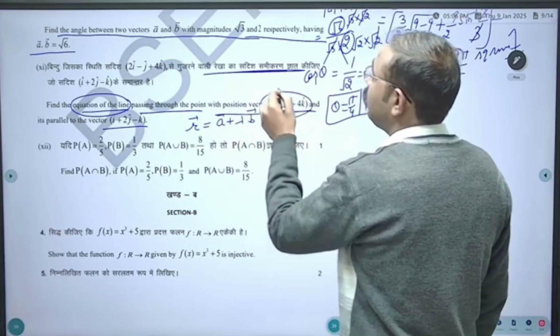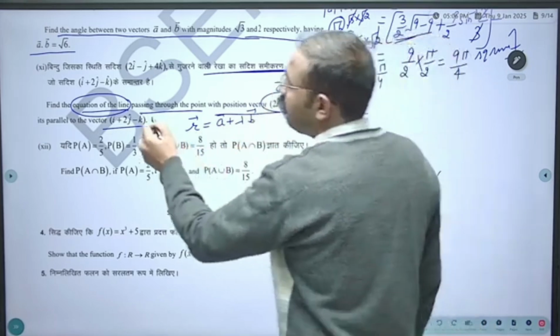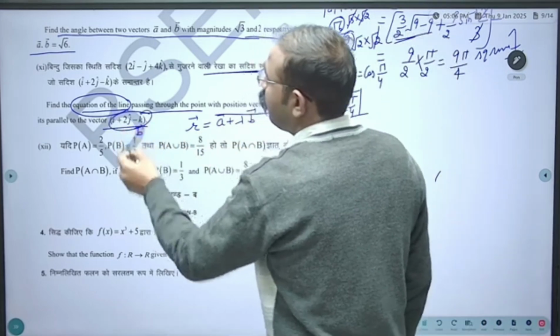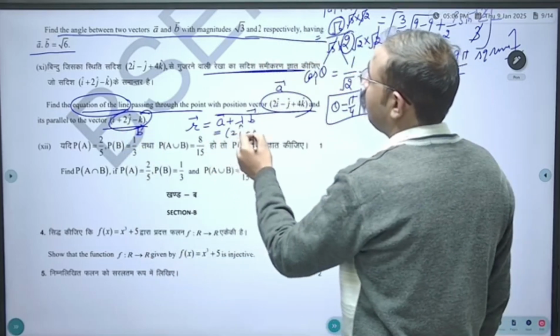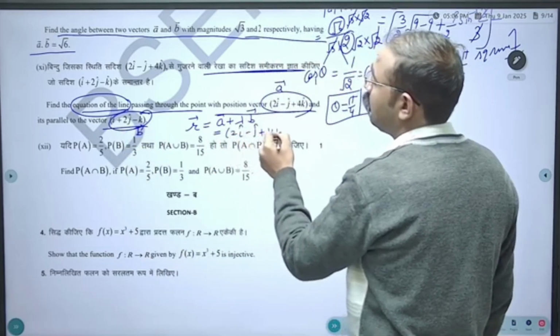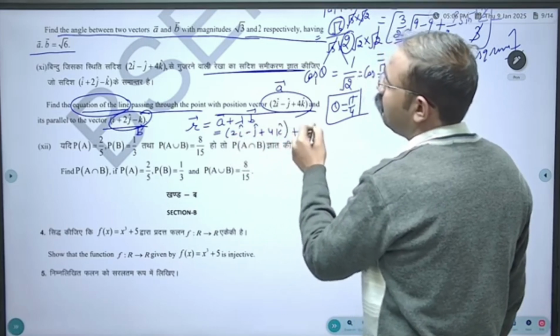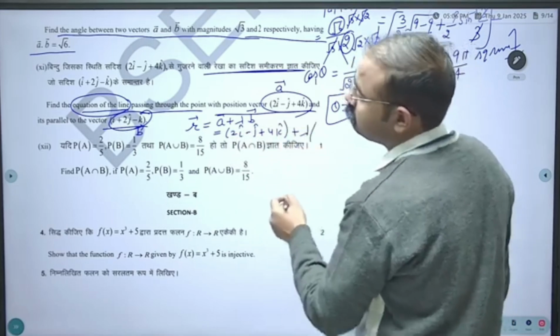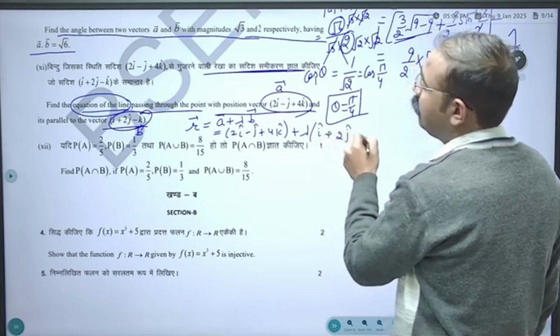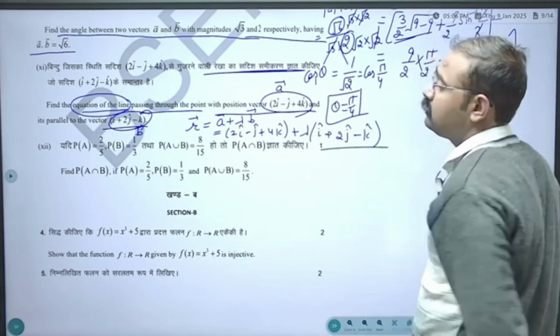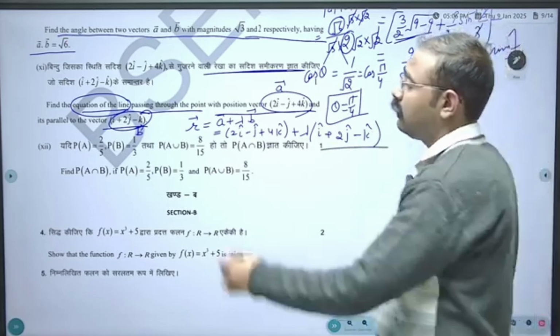This position vector is our a vector, and this parallel vector is our b vector. So simply put these vectors: 2i cap minus j cap plus 4k cap plus lambda times b vector, that is i cap plus 2j cap minus k cap. This is our required equation of line.